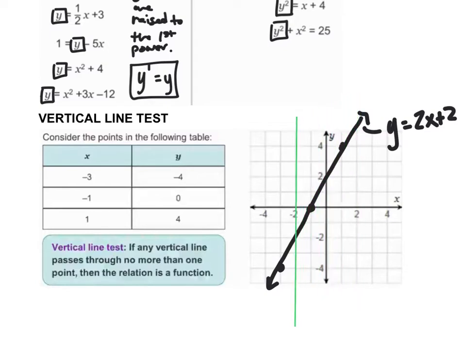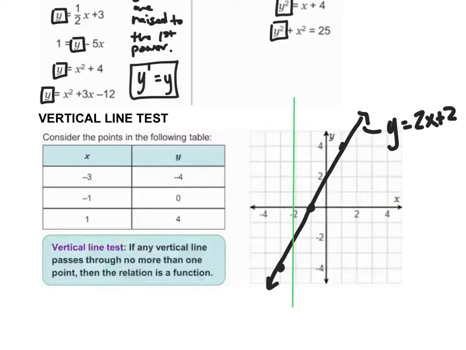What I want you to notice is that my vertical line only intersects this line once at any point along this graph. Here's my intersection point.